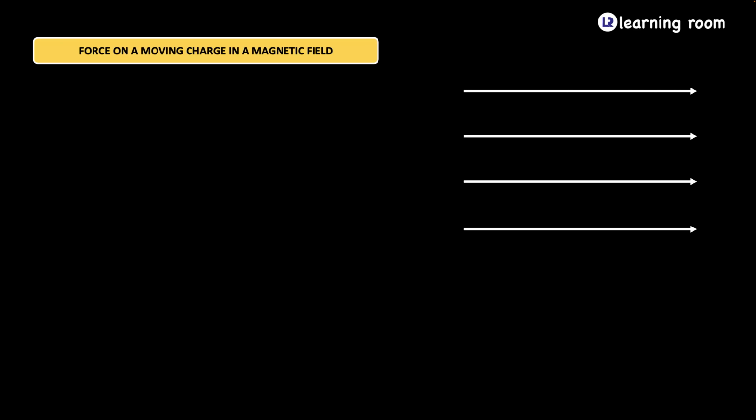Now this magnetic field is already present, and in it you are putting charges into motion. When you do that, there is a force that is going to get generated on a charge which is moving in a magnetic field. That is what we are going to concentrate on.